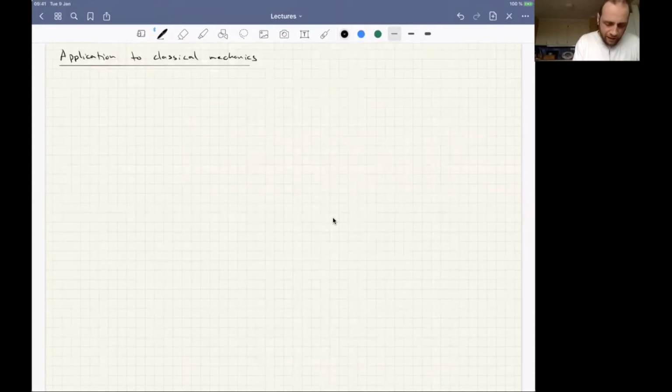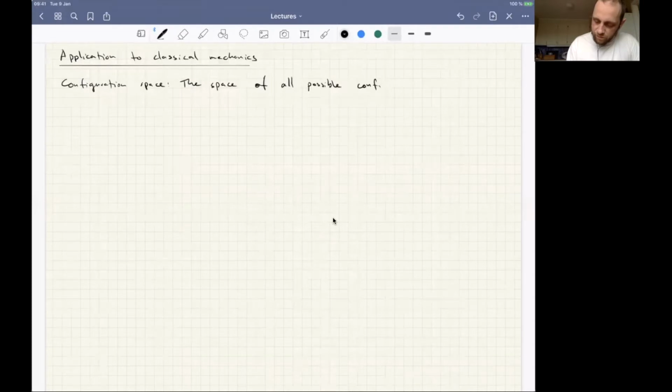Let's first define what configuration space is. If I have a physical system, the configuration space is the set of possible configurations of that system, the space of all possible configurations of a system.